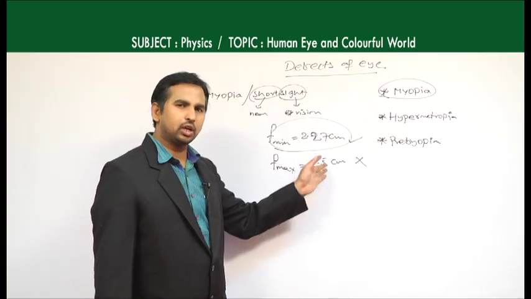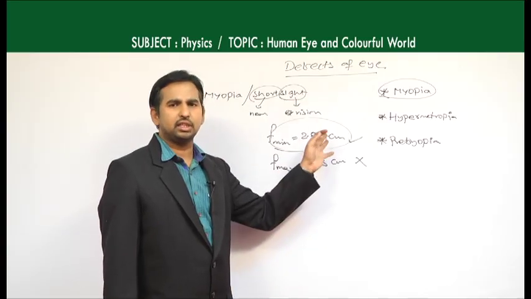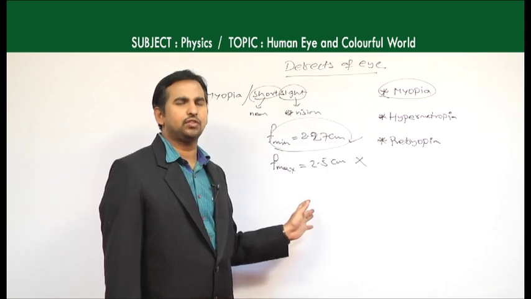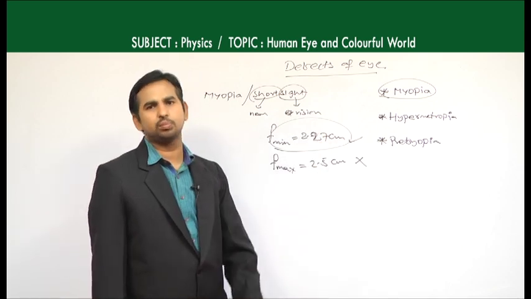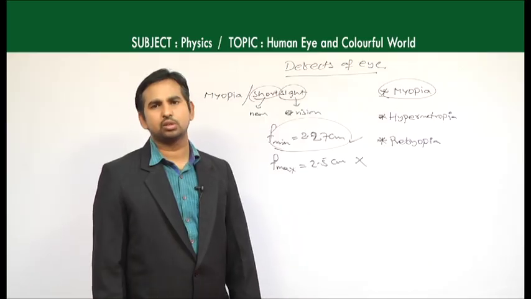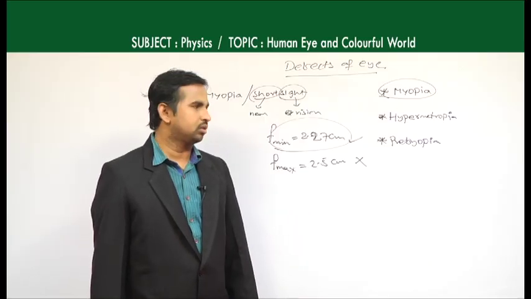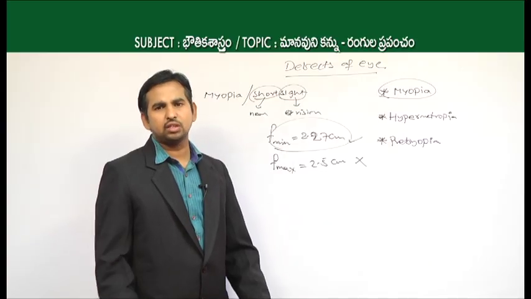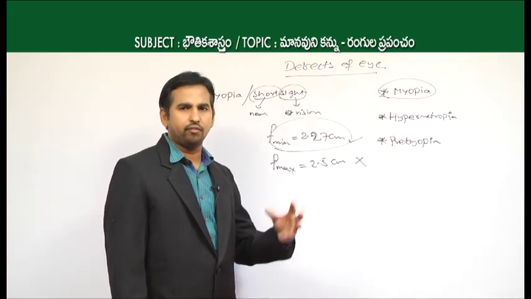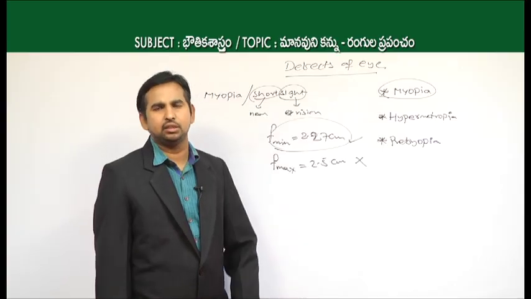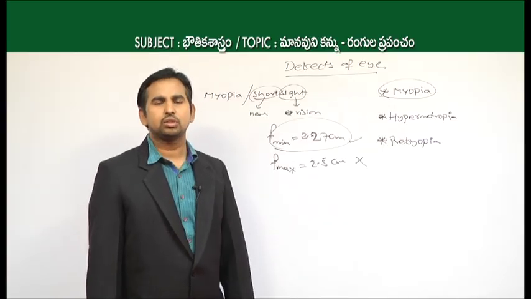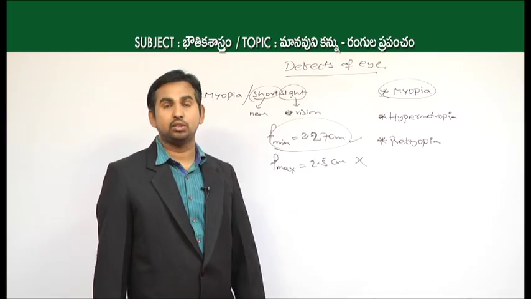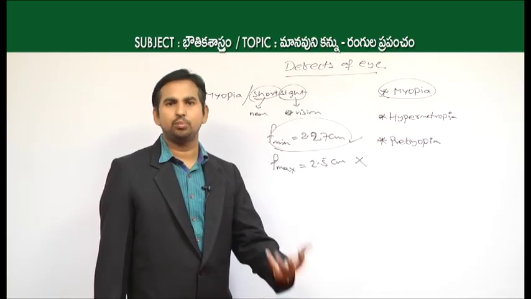But here the focal length is less than 2.5 centimeters, so the image is formed before the retina. The light rays converge before the retina, and when they strike the retina they are going like a diverging beam. That is why a blur image is formed instead of a correct image.